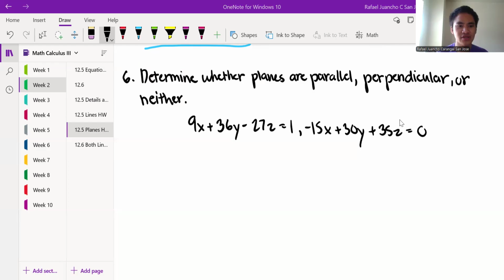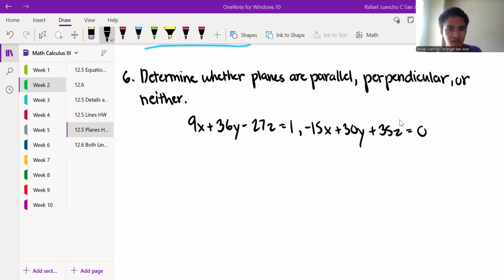And now we want to check if they're parallel, perpendicular, or neither. And if it's neither, then we want to find the angle between them. So like the one we did before, but this time we're actually gonna solve for the theta.